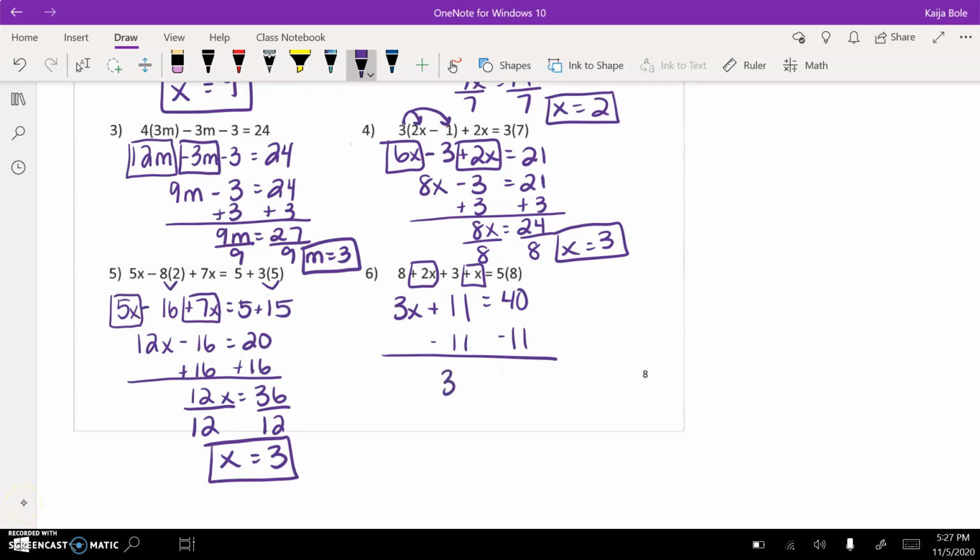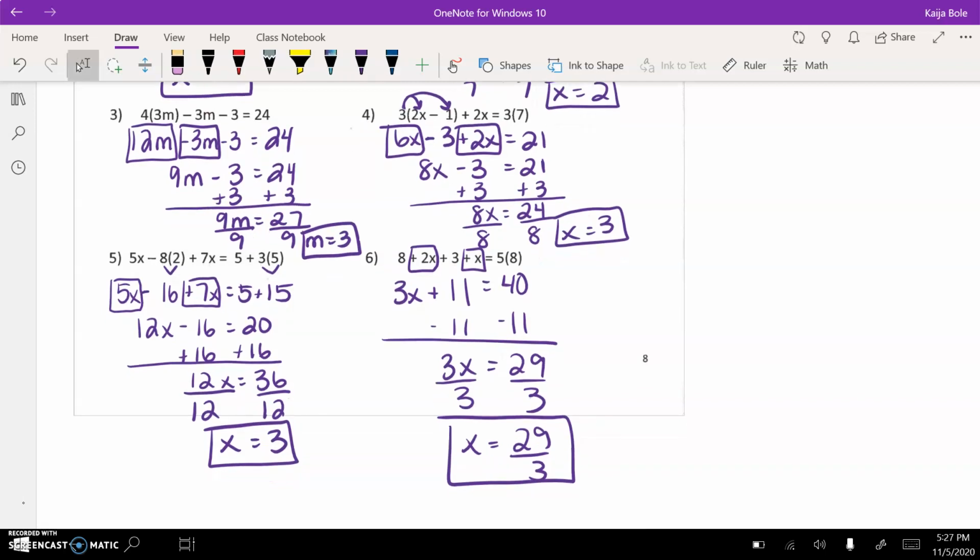So I get 3x equals 29. Now I'm going to divide by 3 on both sides. And it's not very pretty, so quite honestly, just leave it as 29 thirds because it's a repeating decimal and you can leave it just like that. But for the most part, they should give you pretty answers for now. All right, so that's all we'll do for the notes, and we'll do some more practice together in class.